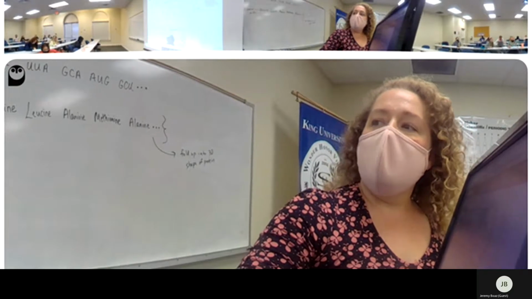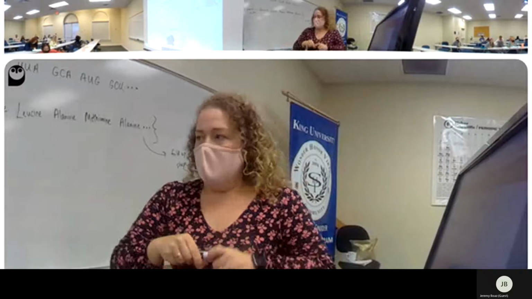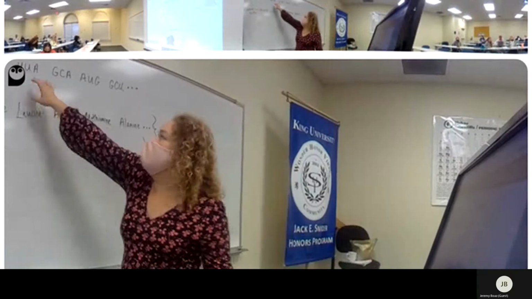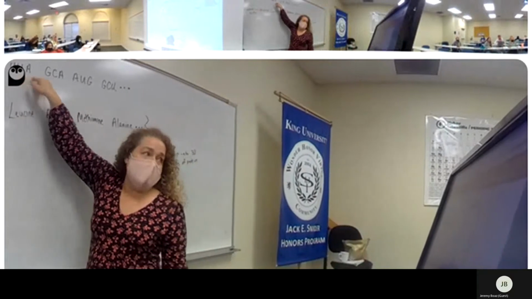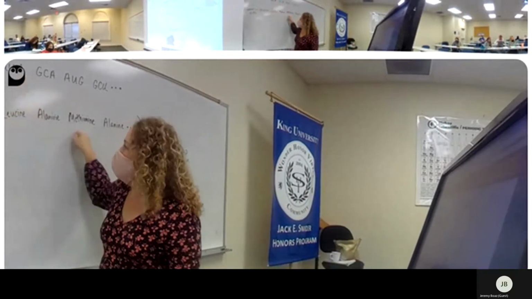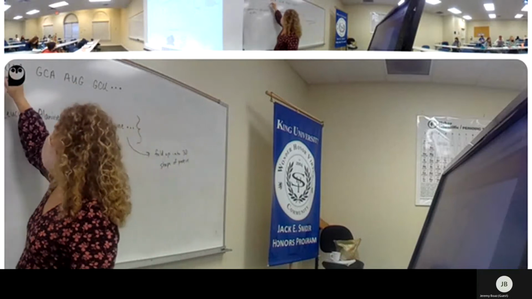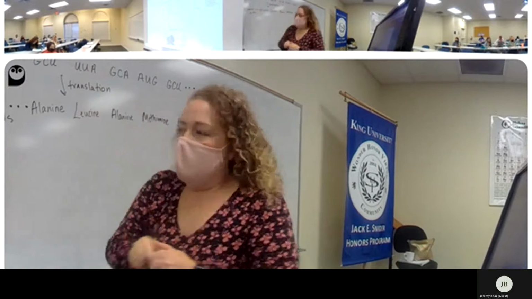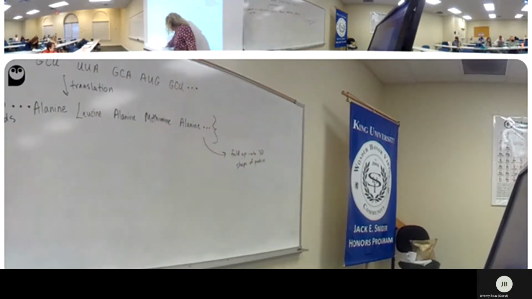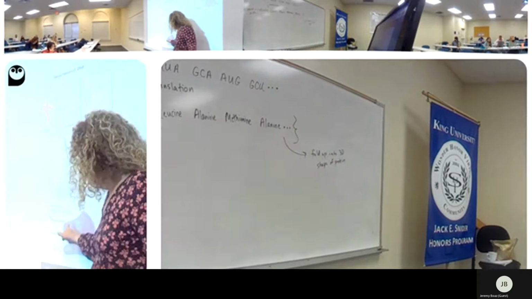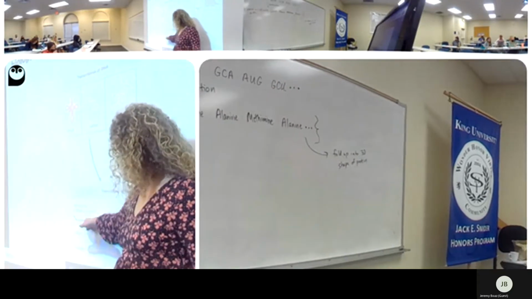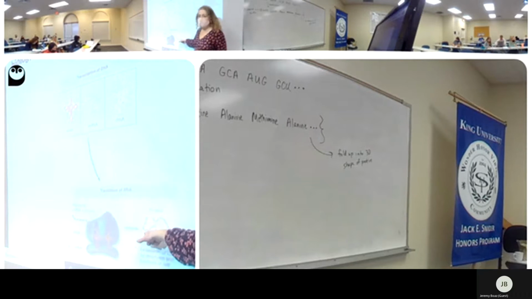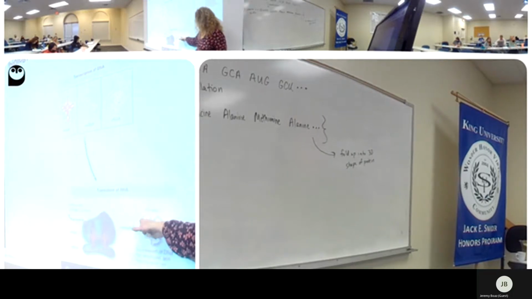So I want to go forward a couple slides, because there's a certain picture I want to show, this one right here. During translation, that's actually what we did here. We're translating this messenger RNA sequence into this set of amino acids, and we're acting like a ribosome that does that. You can see down here, this ribosome is reading the messenger RNA and producing amino acids, like alanine, leucine, methionine, and so on.